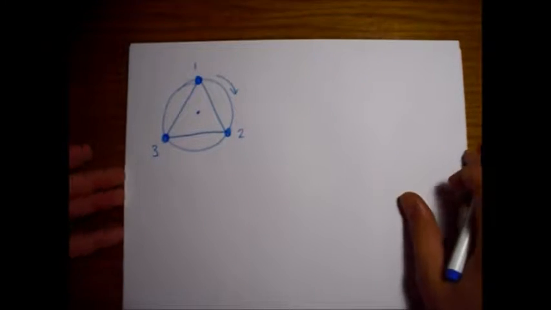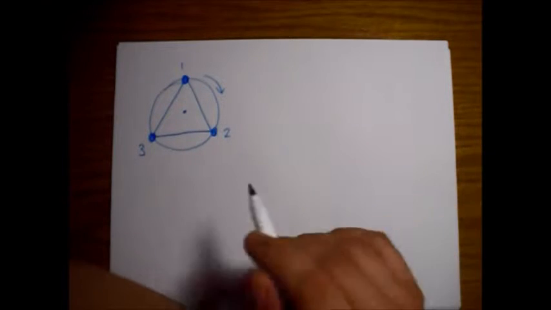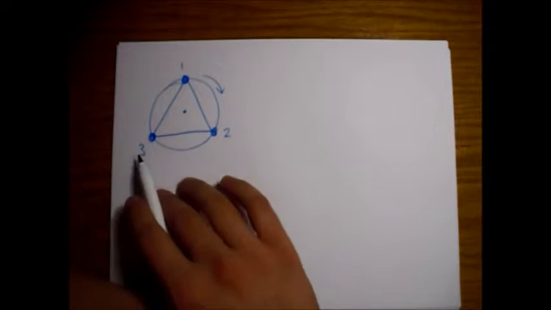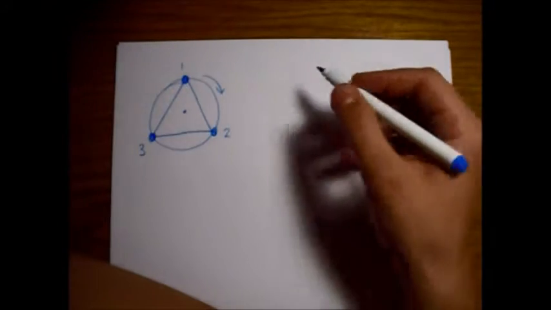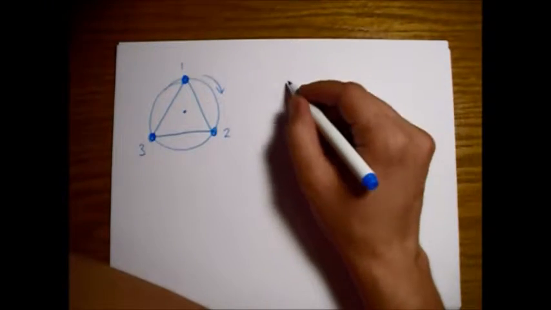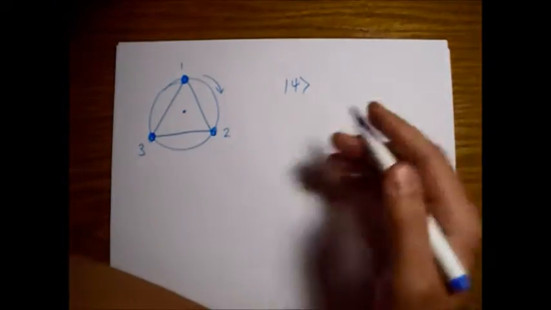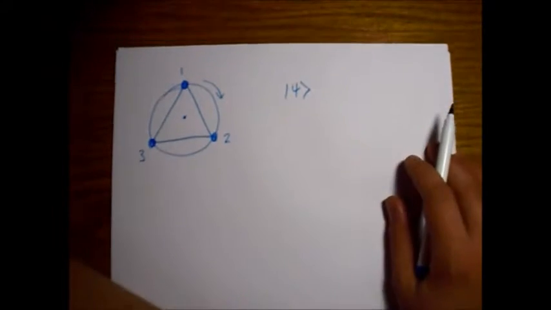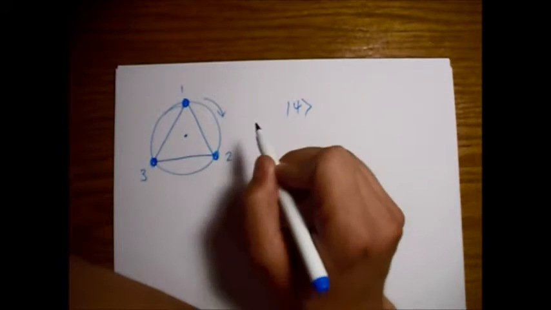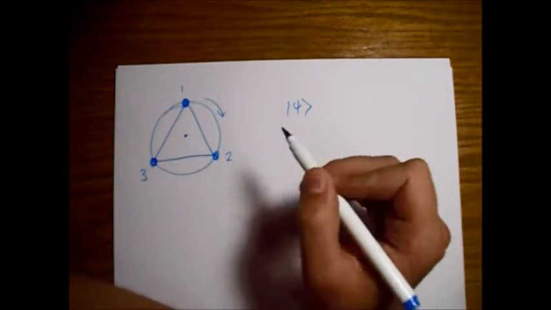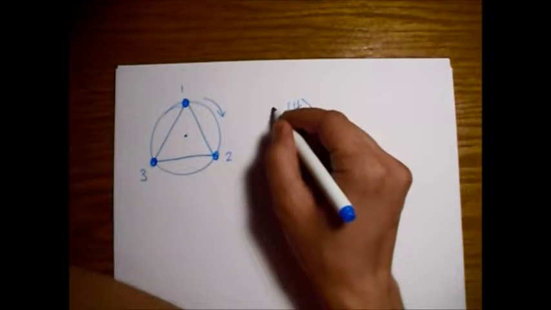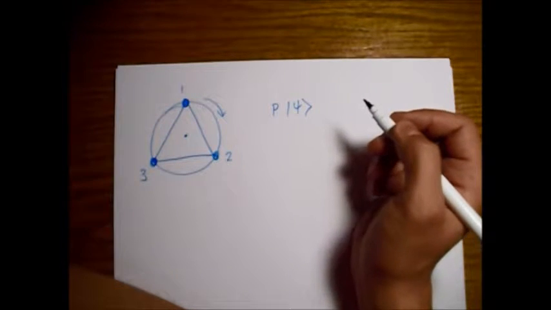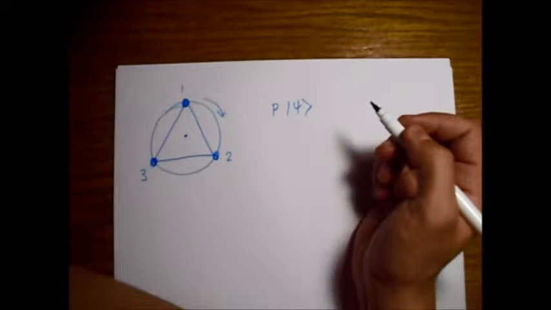One thing we know for bosons is when you exchange two of these particles, the wave function has to remain the same. Let me write the wave function just as one ket here. Say we had a permutation operator.